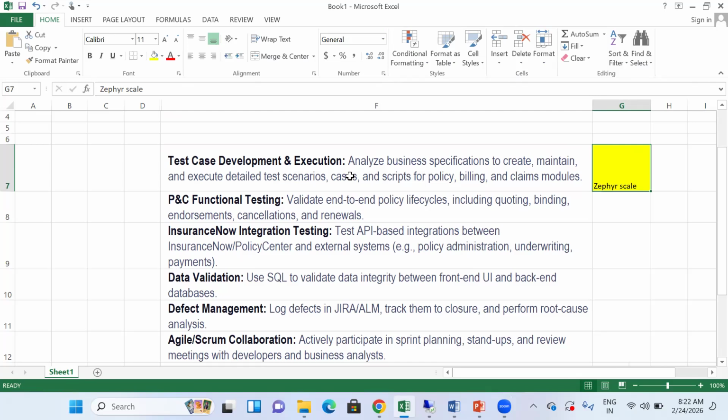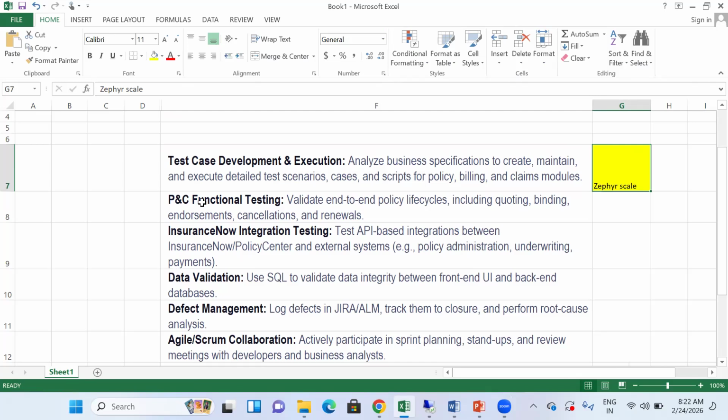From the claim point of view, we must have detailed process flow knowledge of claim submissions, claim adjudications, claim settlements, etc. Apart from the functional flow, one should be good at creating test scenarios, test cases, and test scripts for any policy, billing and claim module. That is point number one.